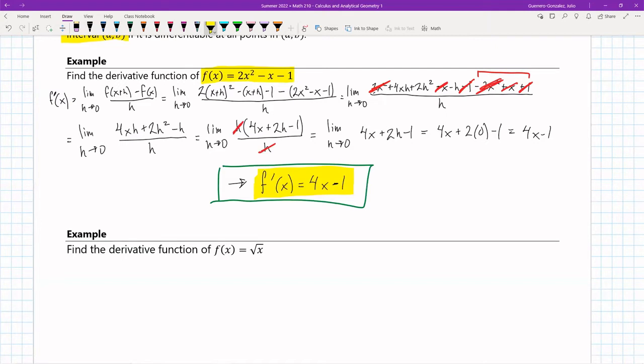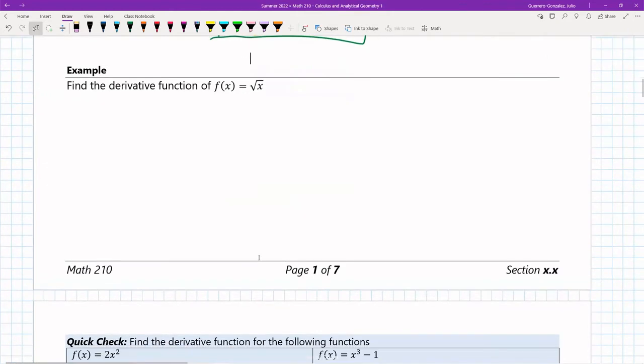Okay, let's try out another example here. The one below really uses some of the knowledge that you guys saw in chapter 2. You remember those mathematical tricks to find limits? Well, that's what we're going to use here.